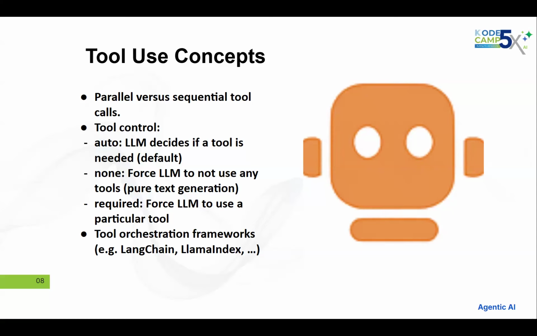LLM orchestration is the first step towards tool orchestration, since it's the LLM that requests for the tool to be called. But you don't necessarily need a tool to orchestrate an LLM. An LLM can just operate in text-only mode, in which case it doesn't need any tool.